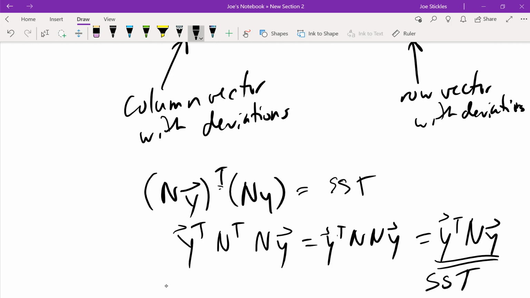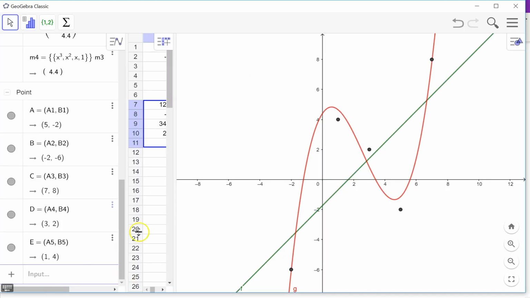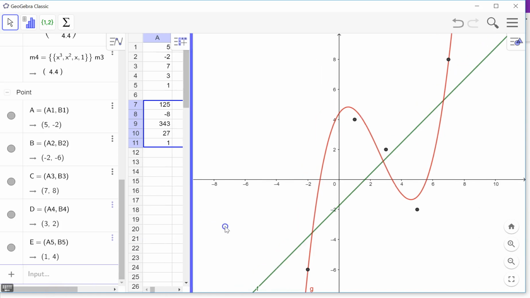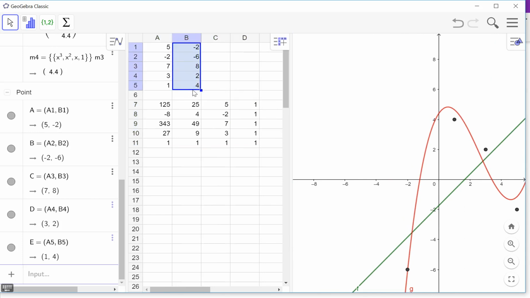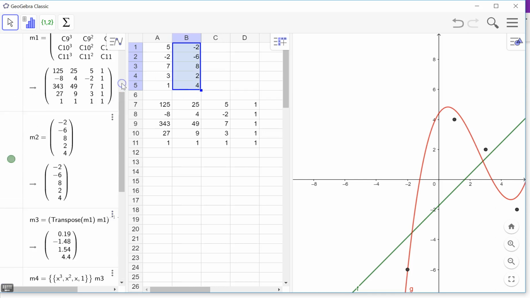So let's do that for the one we have over here. All right. So this is our y, right? We've already got that created as a matrix, don't we? It's M2. Okay. So the other thing that we need to create is our n matrix. In this particular case, I think it's probably just as easy to type it in because I need, how many data points do we have? 5?